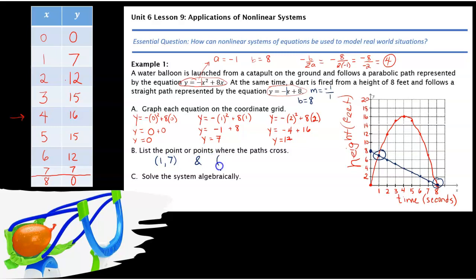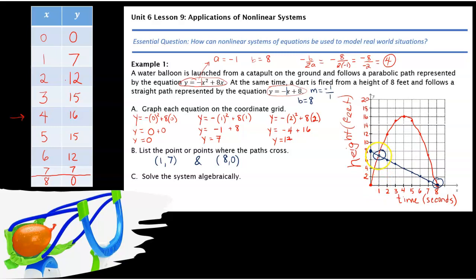And our other solution would be 8, 0. So what does this mean? This means when our water balloon was launched into the air and our dart was fired, they both intersected at the point 1, 7. So after 1 second, both of them were 7 feet off the ground, and that's where they intersected.